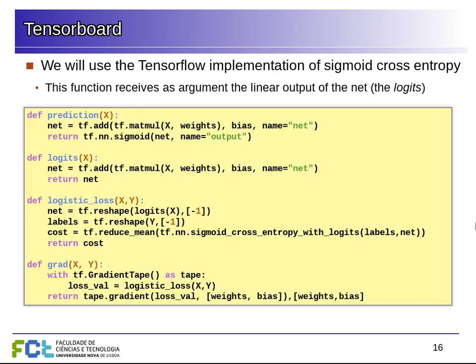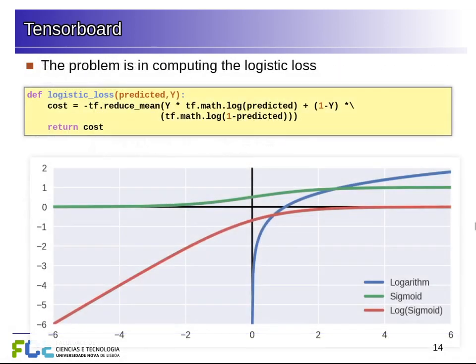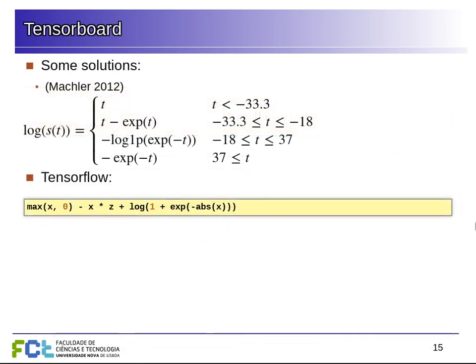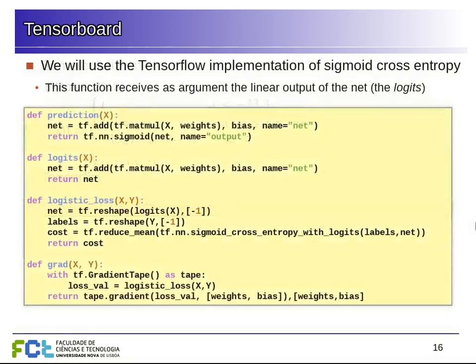So the idea is that this function computes this plus the sigmoid there, all in one go, using a safer expression that will not give the overflow. So what this also means is that you need to give this function not the output of the sigmoid, but the input to the sigmoid, which is the logits, the linear part of the neuron.